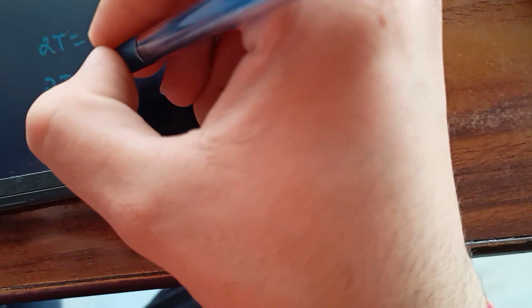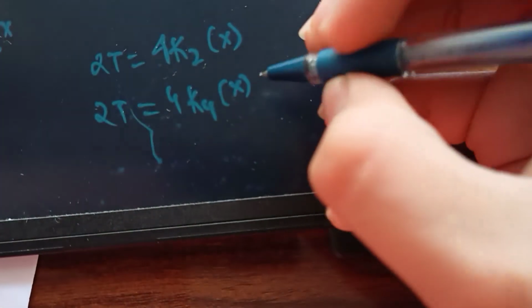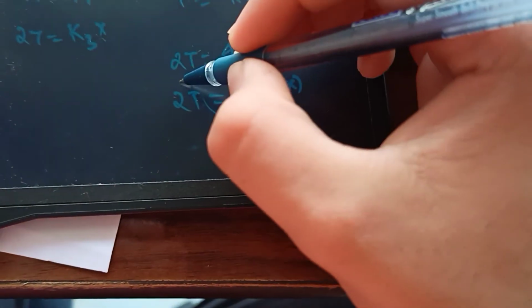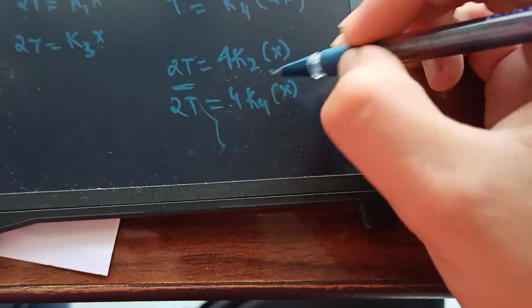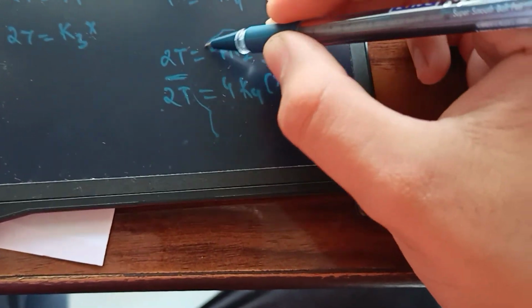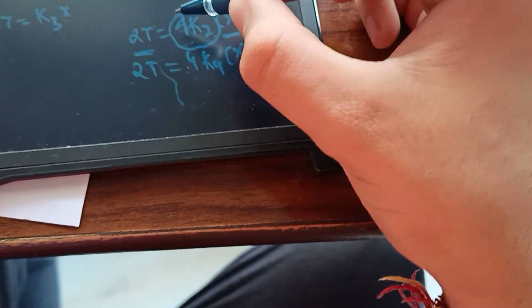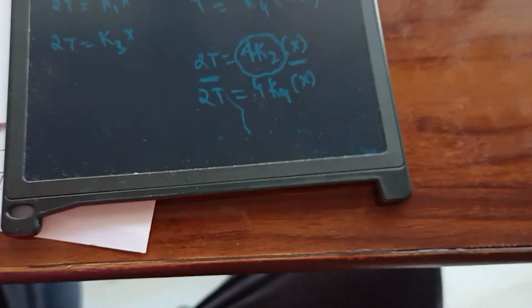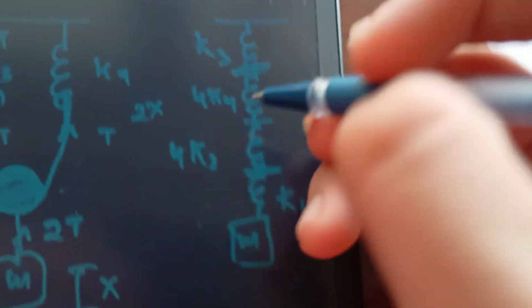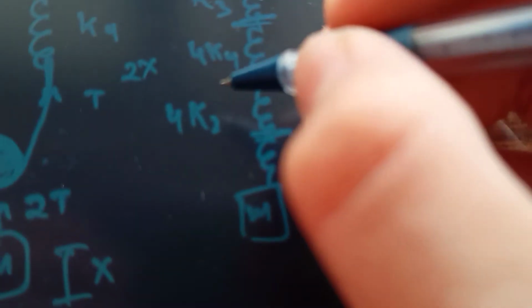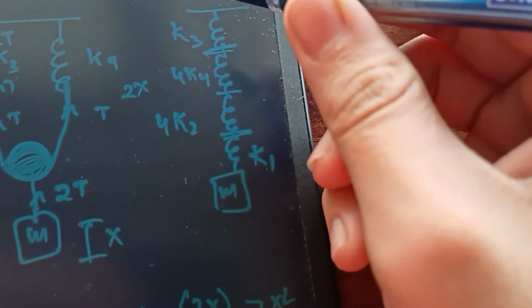I will get 2T equal to 4 K2 x and 2T equal to 4 K4 x. So that fairly means I have brought a tension 2T and extension x in both. So I need springs whose spring constants should be 4K2 and 4K4 respectively, which I have shown here: K1, 4K2, 4K4 and K3.